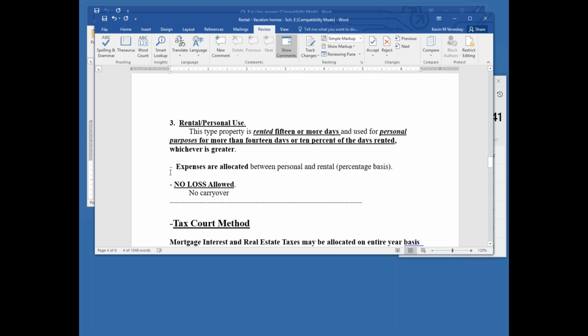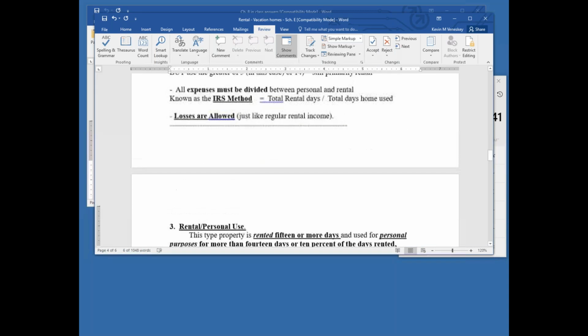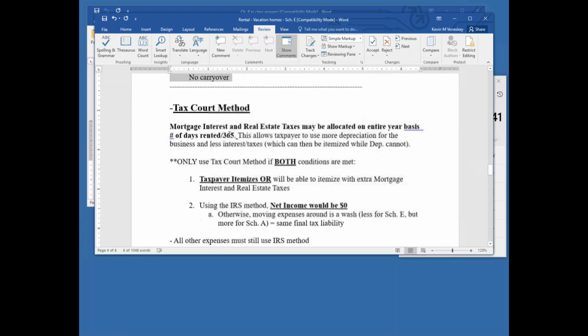The same as number two, your expenses are allocated, just like they were above using the IRS method. The only difference here is if you have a loss, you cannot take it as a deduction because you're using it so much for personal purposes. The losses are disallowed.